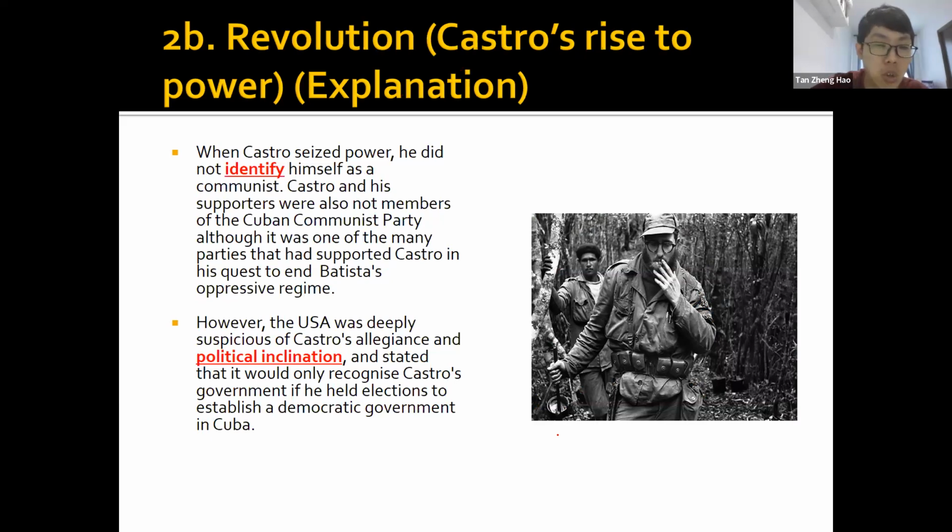To make things worse, although Castro was not a communist and did not call himself a communist, a lot of his ideas appeared to look like communism. Later we'll see some of the things that he did that appeared identical to communism, and it made the US very suspicious of this guy.